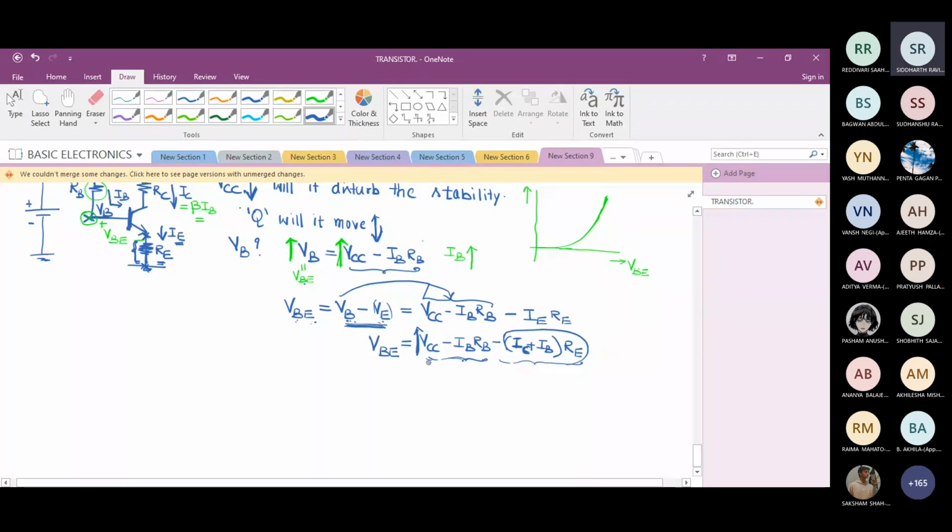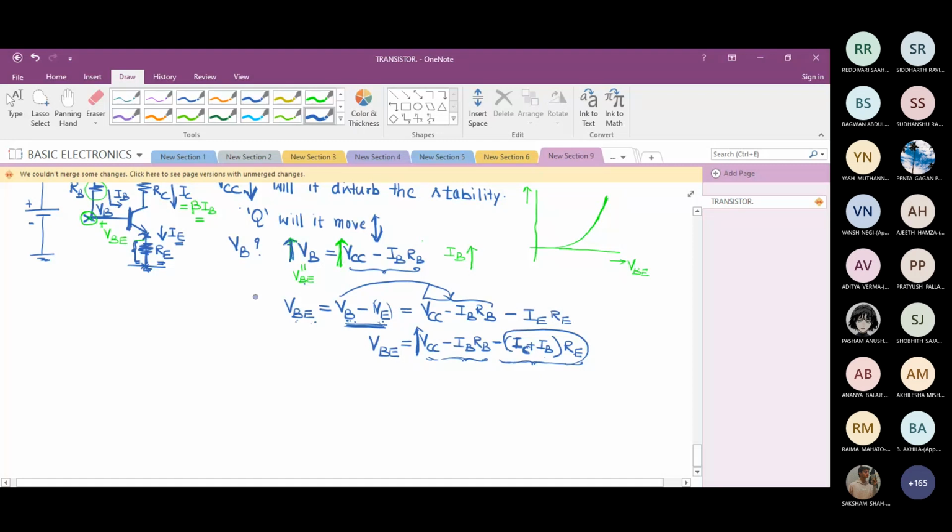So relatively speaking, can VBE go up to the extent we had earlier? No, sir. What is the reason? Because IC plus IB into RE is getting subtracted. That means the VB value will change, but it won't change as much as we had earlier, because we have an extra term, IC plus IB into RE, which is getting subtracted.